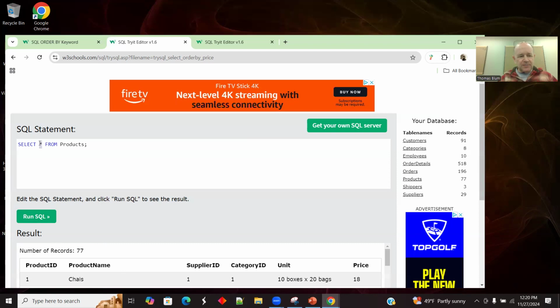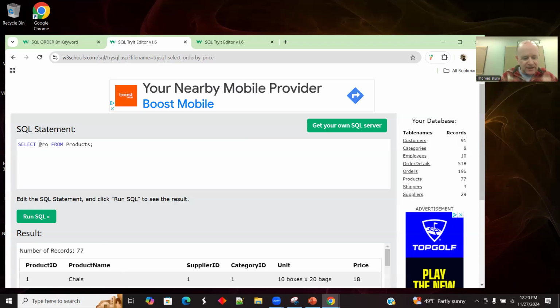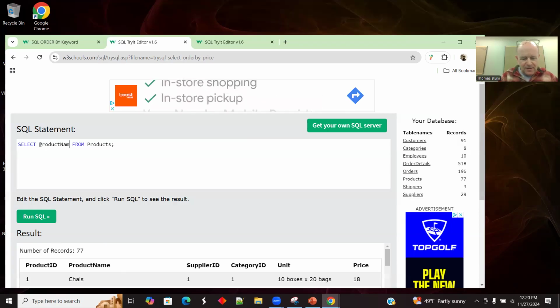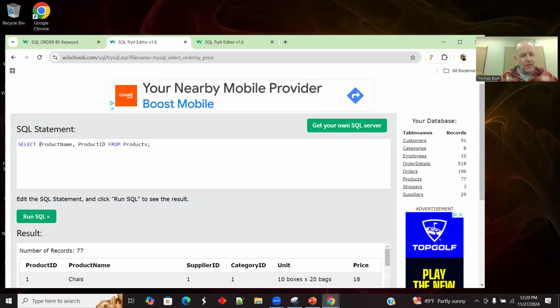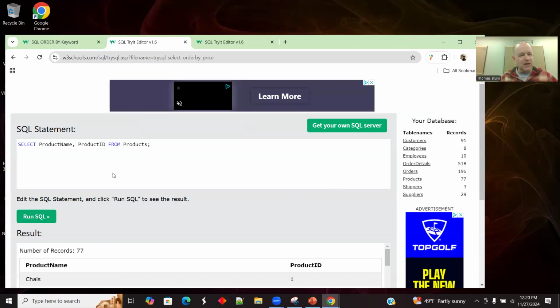But let's get the product ID and the product name. Let me get the product name and then the product ID. From products. So I'm just projecting out those fields. So I'm projecting out the two fields I want.